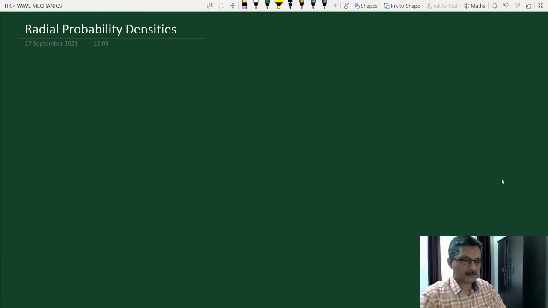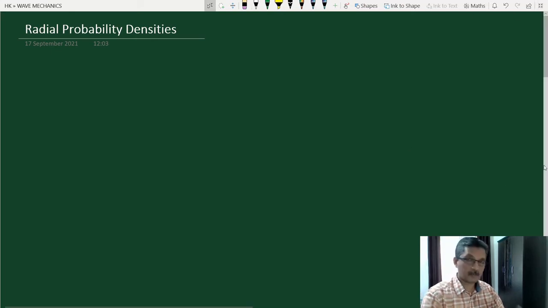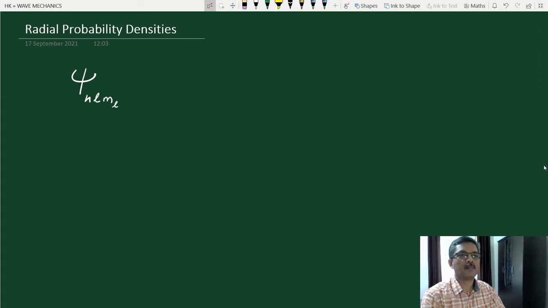So let us start with the wave function. We know that the hydrogen atom wave functions depend upon, we are using spherical polar coordinates. So this wave function depends on the three quantum numbers: principal quantum number, orbital quantum number, and magnetic orbital quantum number. And we are using spherical polar coordinates. So we can write this wave function as a product of three wave functions. One is the radial wave function.